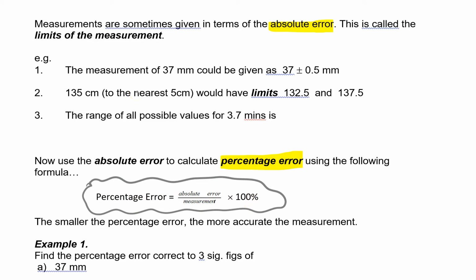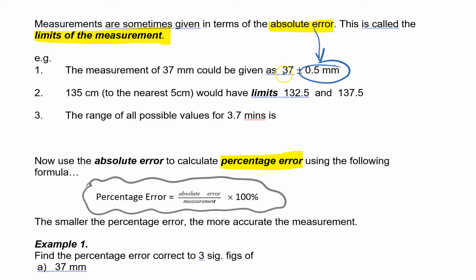The second place that you will use absolute error is if the question asks for the limits of the measurement. So a measurement is always considered to be the recorded measurement plus or minus the absolute error.